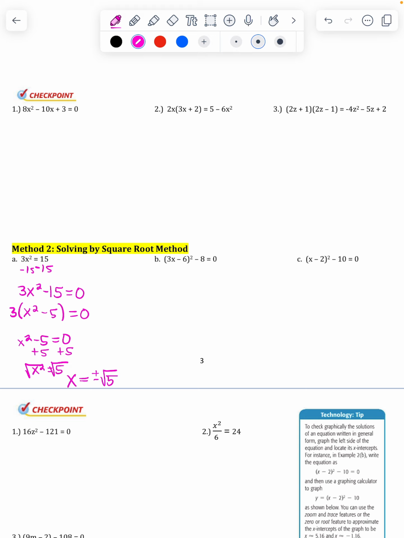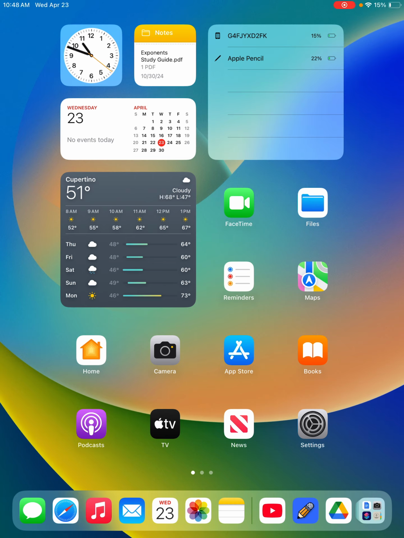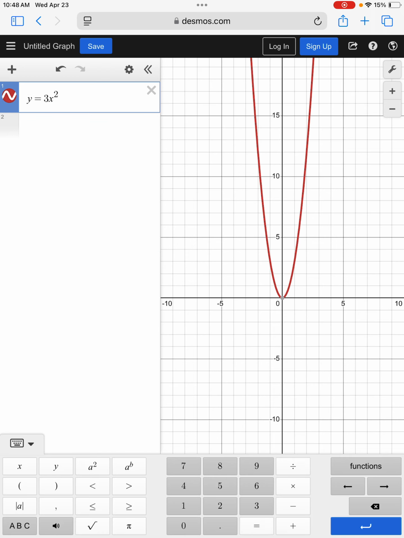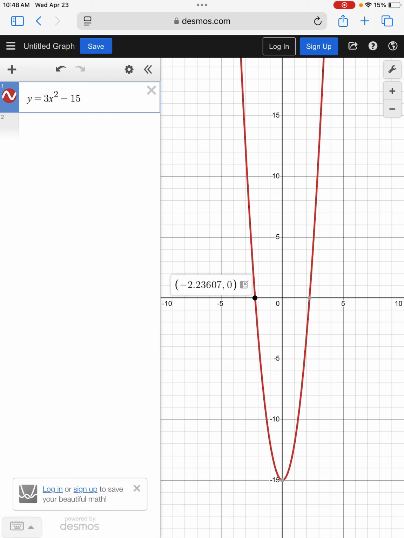So if we were to try to check our work here with Desmos, which I can just quickly pull up, we would have to put it in as y equals 3x squared minus 15, because it has to be in standard form in order for us to see that. This here, negative 2.23, and so on.